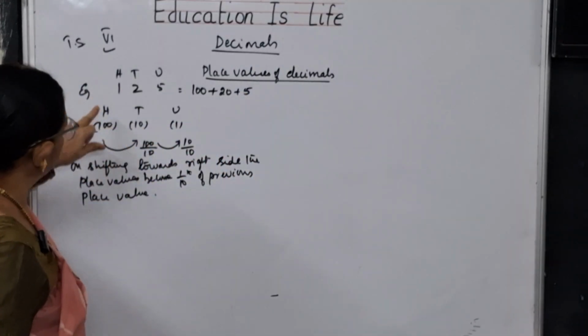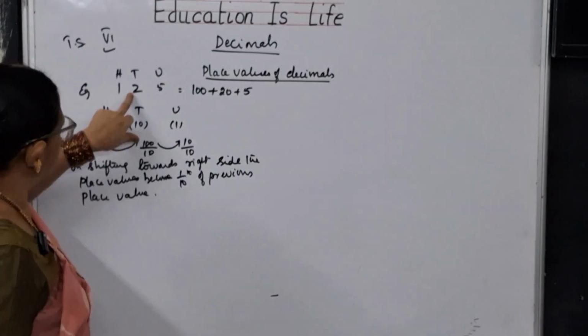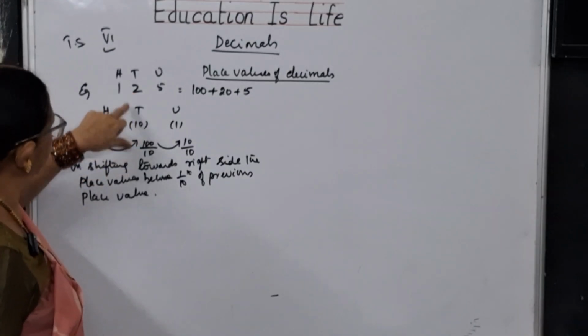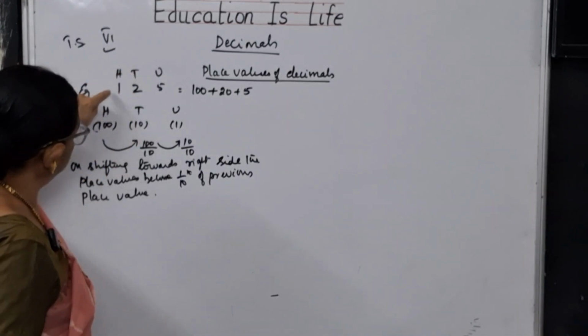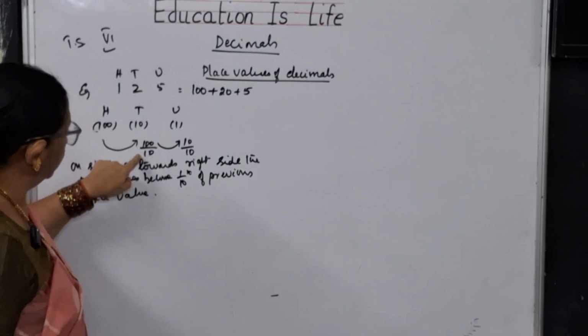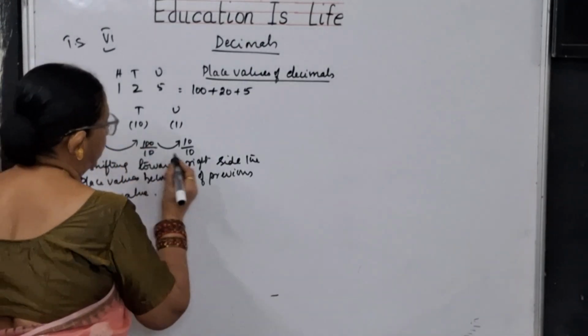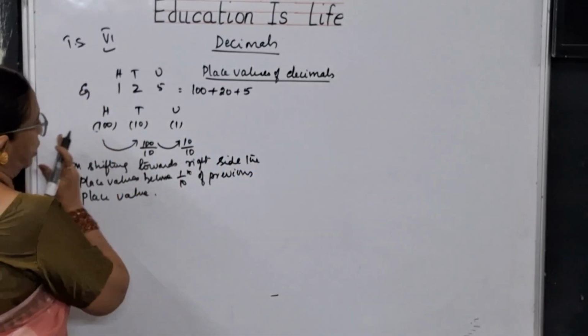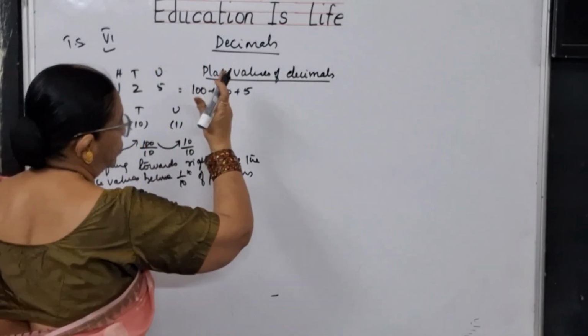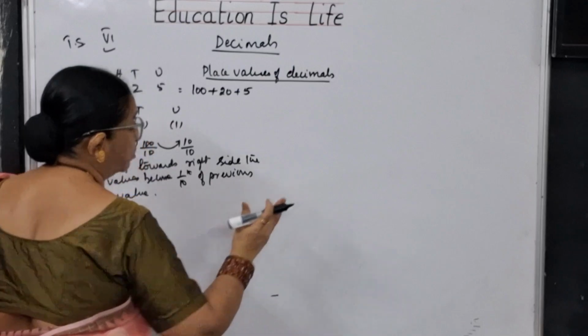So this is the hundreds place, as it is. But in the tens place, what is happening? In the tens place, 100 is divided by 10. When you are shifting from left to right, hundreds, tens, units, why am I talking about right?